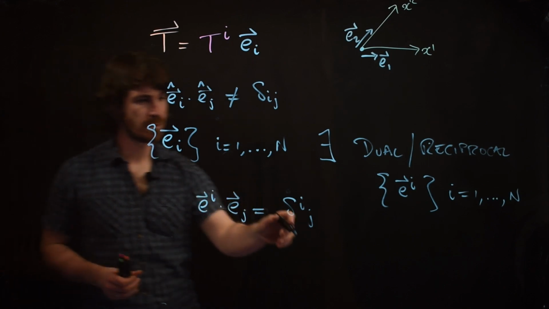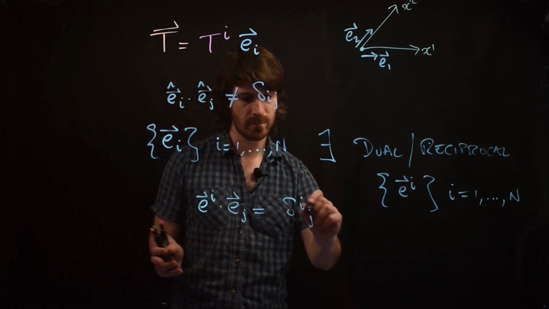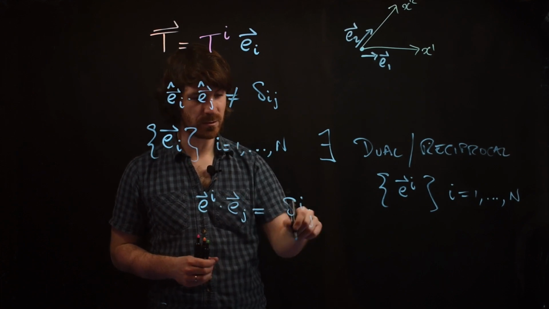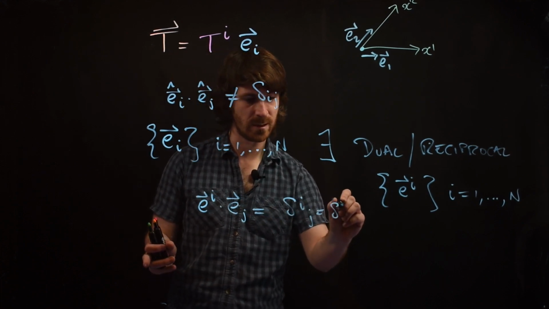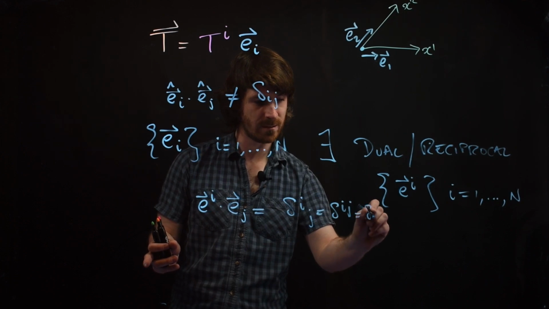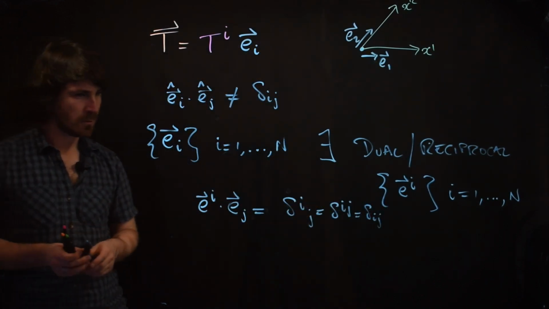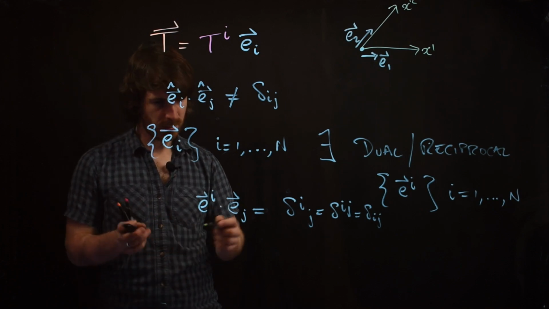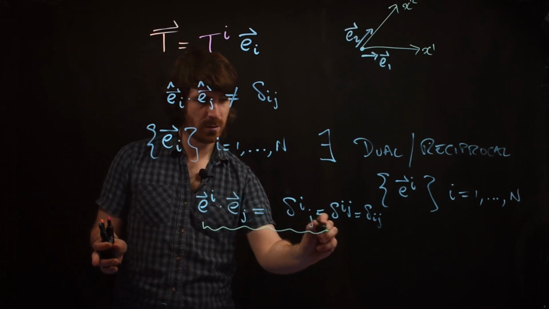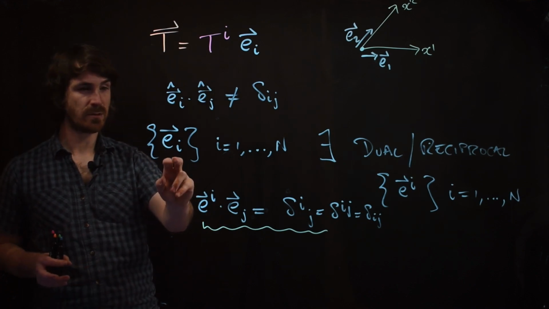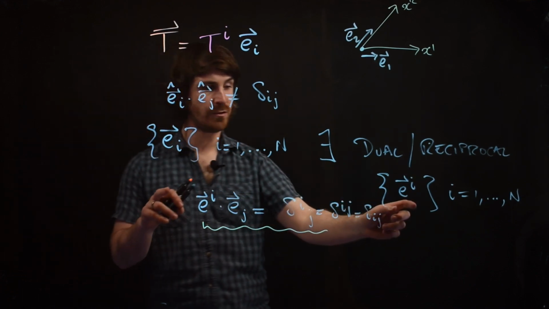And this delta, it doesn't matter where we write the superscript and subscript. We can write this as delta^i_j or delta_i^j. Okay, we'll see this later. And every set of n-dimensional natural basis vectors has this dual set.